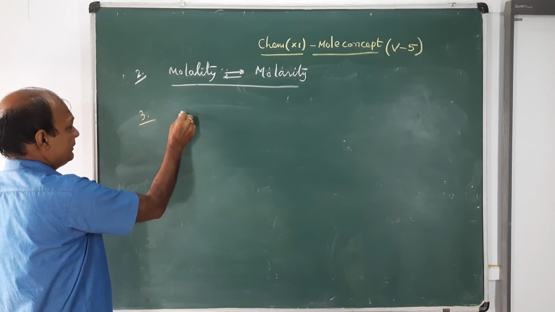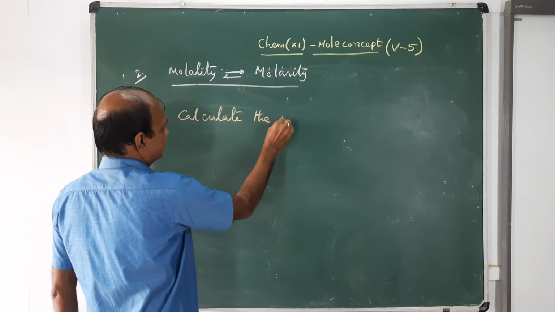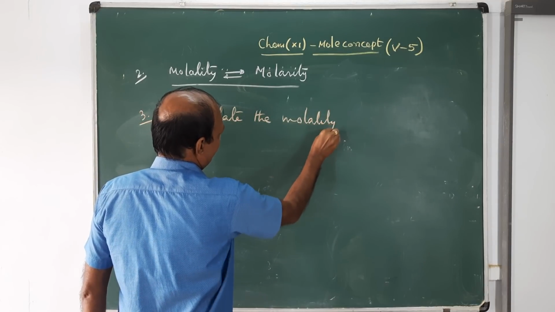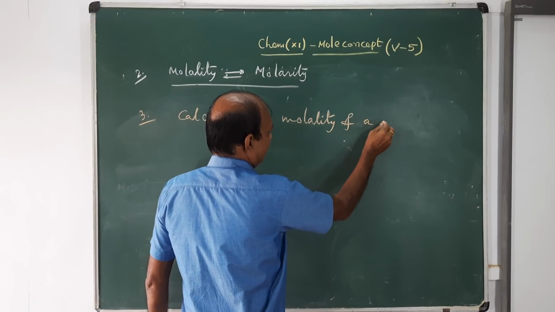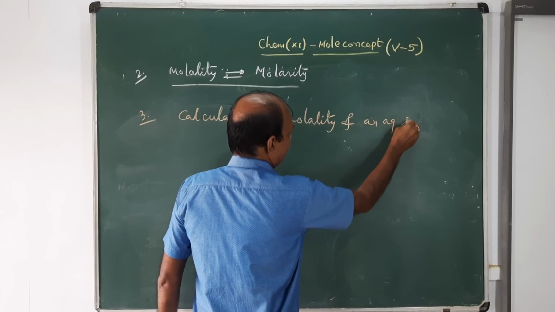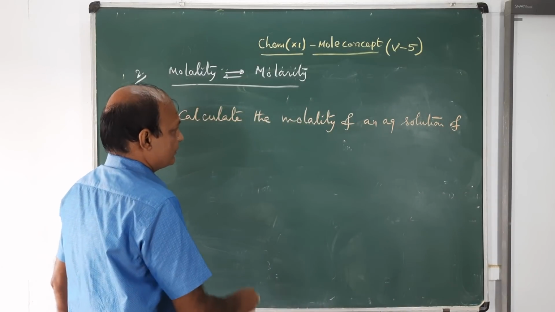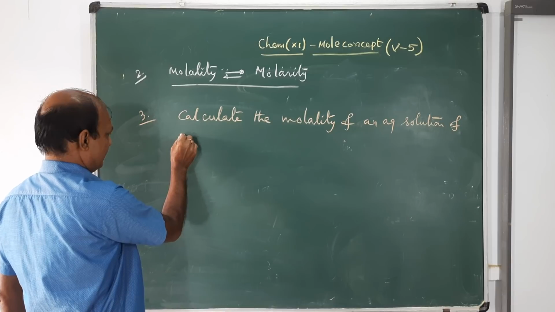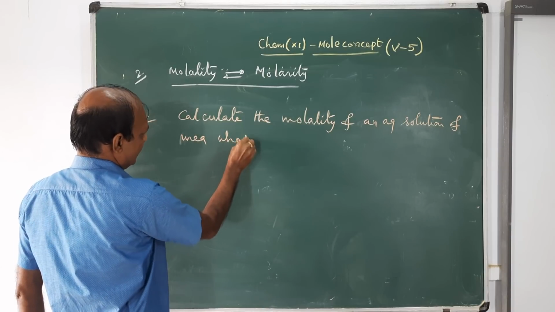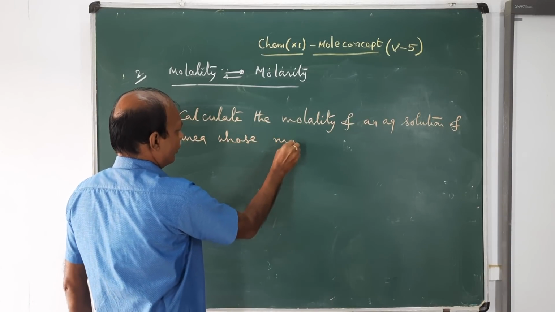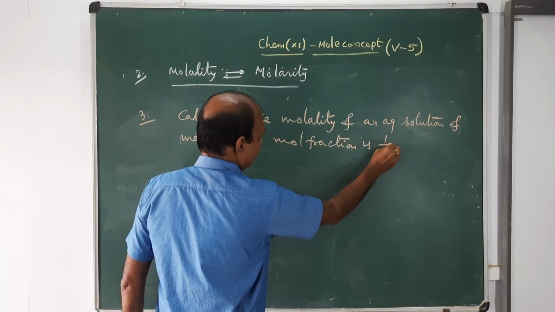Number 3, calculate the molality of an aqueous solution of urea whose mole fraction is 1/51.